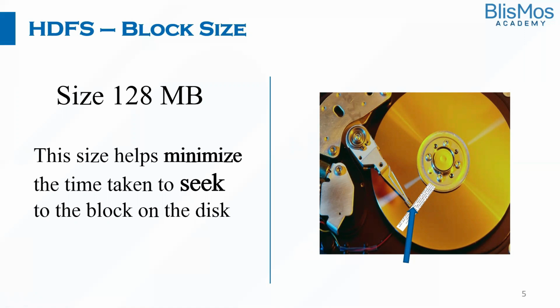That is the reason they did some experiments and analysis, and they went for 128 MB as the default block size of Hadoop 3.4. Whenever you store any kind of file, that will be broken down into smaller chunks of 128 MB.